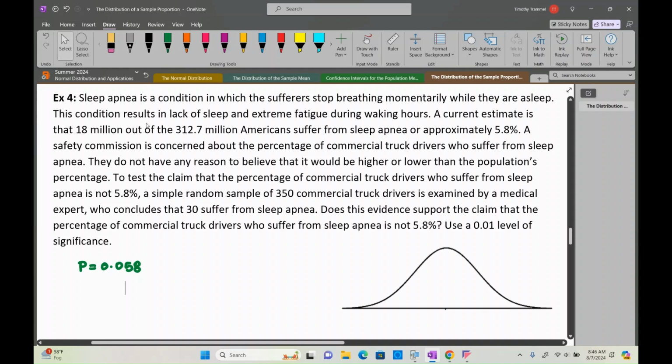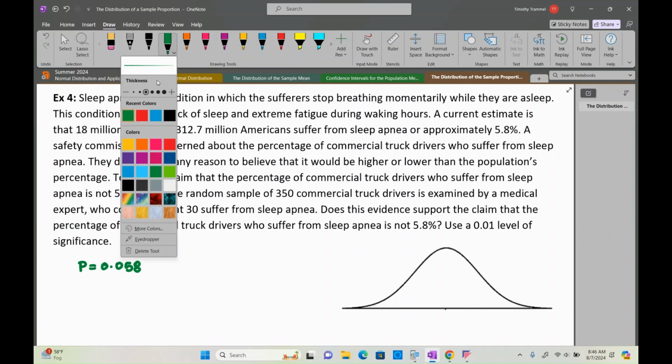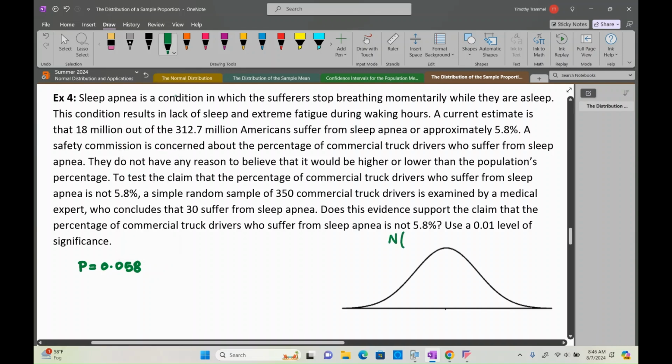Let's maybe also go ahead and compute the standard deviation because we're going to need that. So over here, again, I'll just write a little bit smaller. So that's where it's going to be centered, at that 0.058.